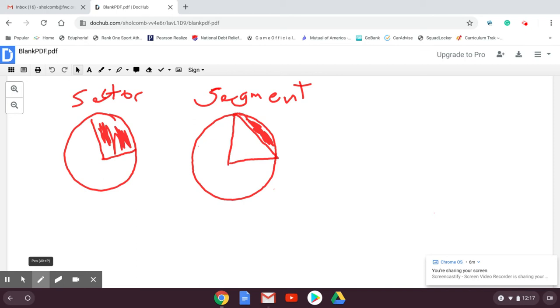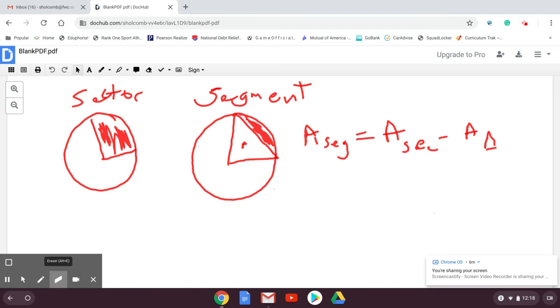So when we're doing area calculations of a segment, this is your formula: the area of a segment is equal to the area of the sector, minus the area of the triangle, that's the extra portion, which I'm poking right there, that triangle right there. All right, so let me show you an example of how these problems work.